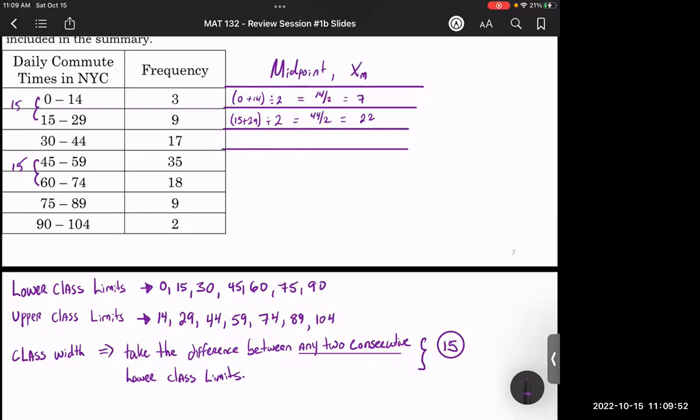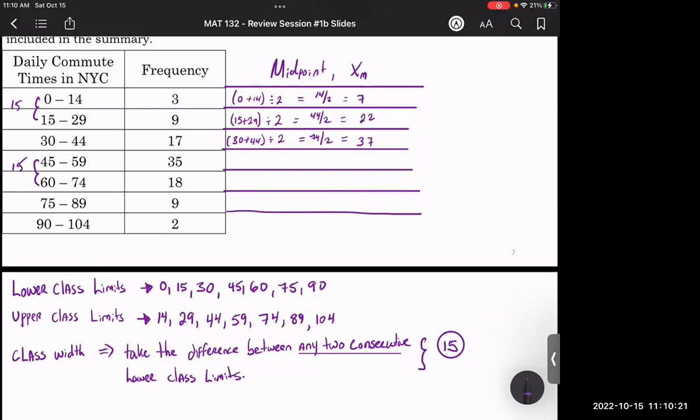In our third class, we have 30 plus 44 divided by 2. 30 plus 44 is 74, and 74 divided by 2 is 37.